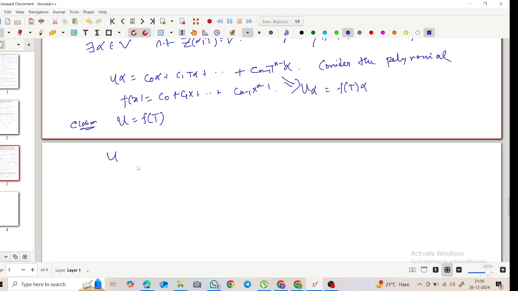So U commutes with T. Okay, so U commutes with every power of T. So write U T to the power i alpha. This is nothing but T to the power i U alpha, which is T to the power i f(T) alpha, which is f(T) T to the power i alpha, right?